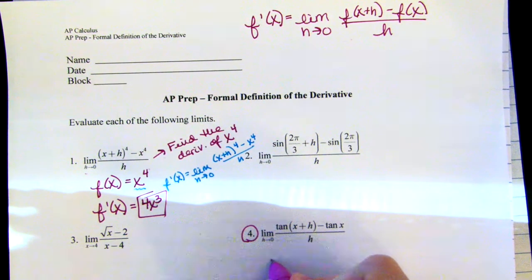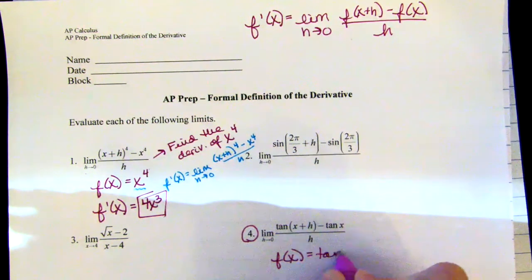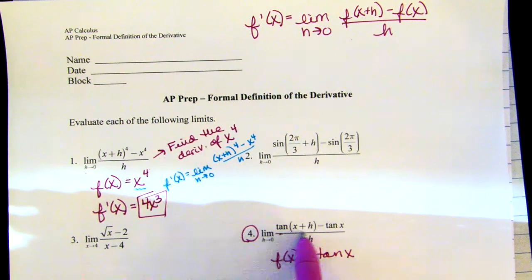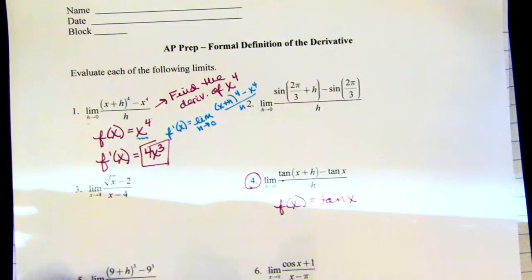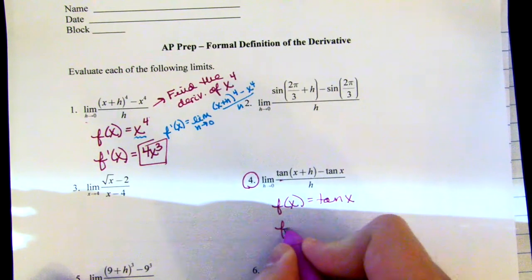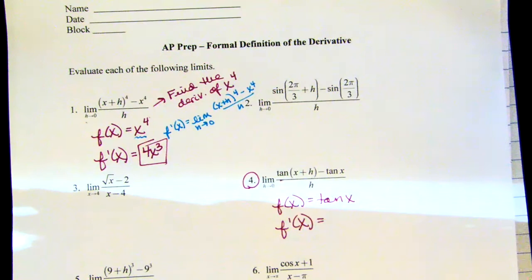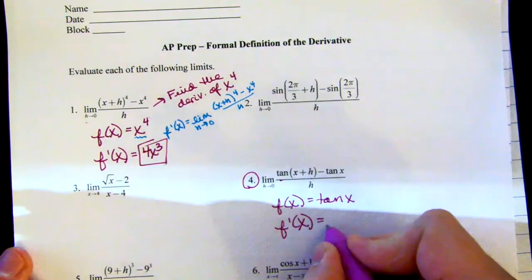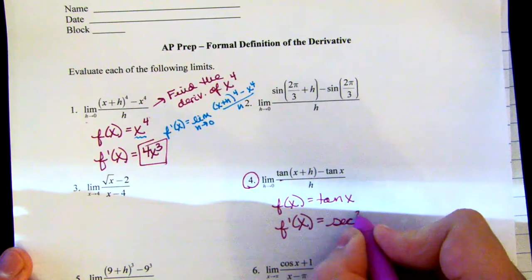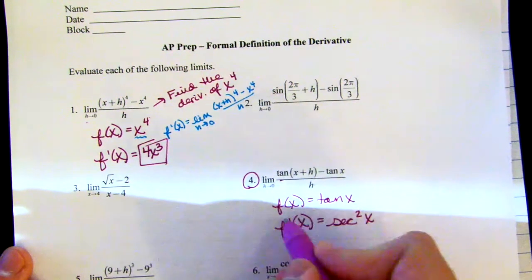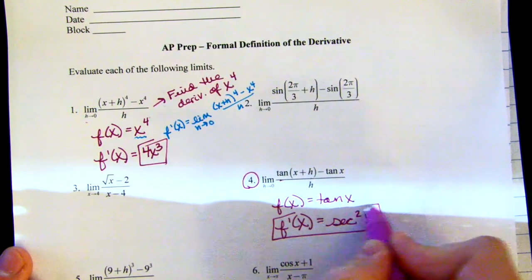This is really saying f of x equals the tangent of x, because here's my f of x plus h minus f of x over h. And this problem is asking us to find the derivative of the tangent of x. Well, what is it? The derivative of tangent of x is secant squared x. And there we go.